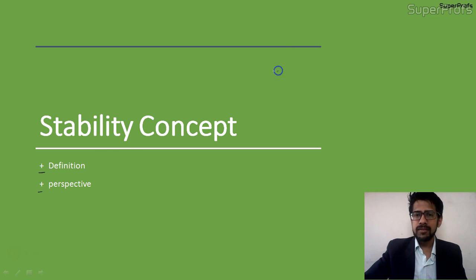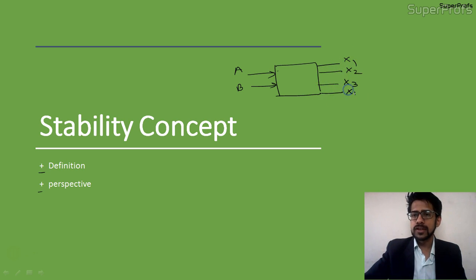Okay. So if you have a system, and if you have different inputs such as A and B, and if you have multiple outputs such as X1, X2, X3, X4, and if my desired output is X4, and I am happy with whatever output I am getting, this system is stable for me.